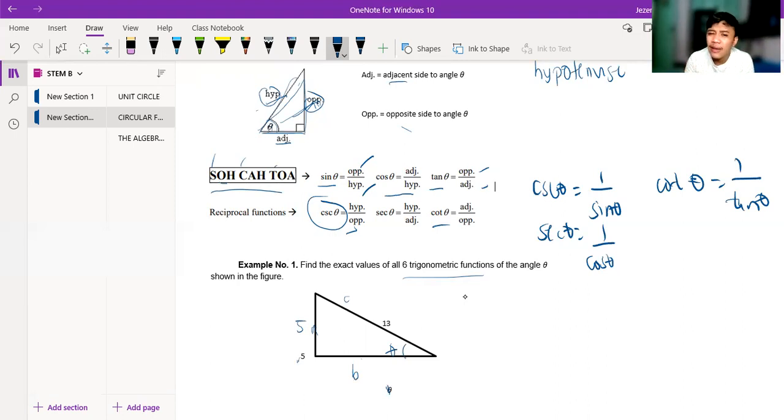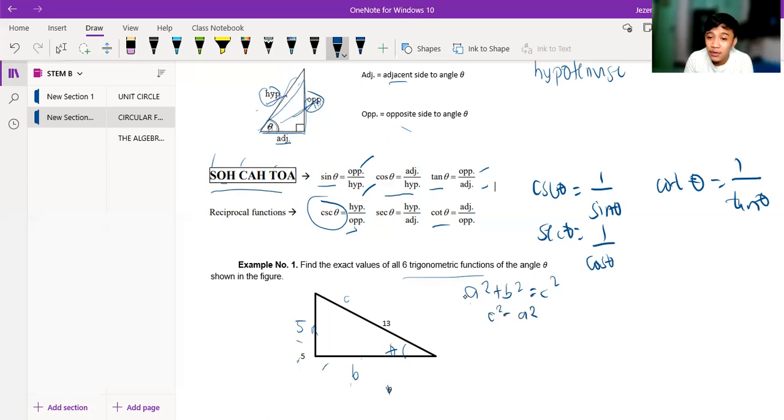So by the trigonometric ratio, we have a squared plus b squared is equal to c squared, where a and b are the sides and c is the hypotenuse. Since ang hinahanap sa atin ay b, by transpose, c squared minus a squared.